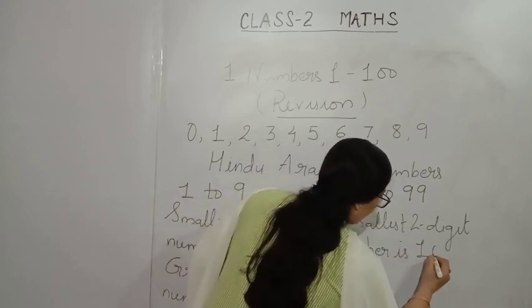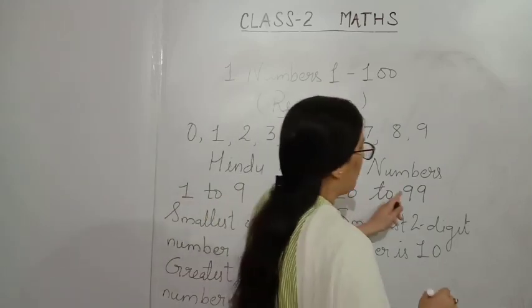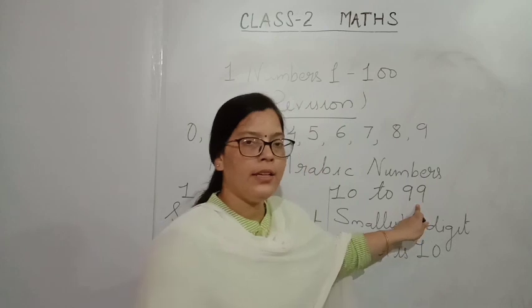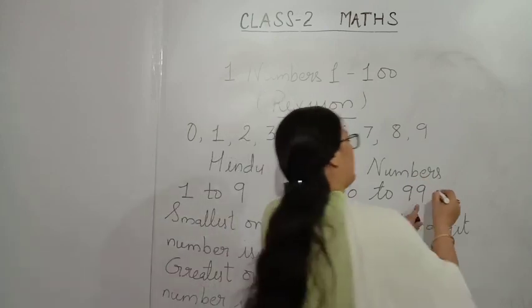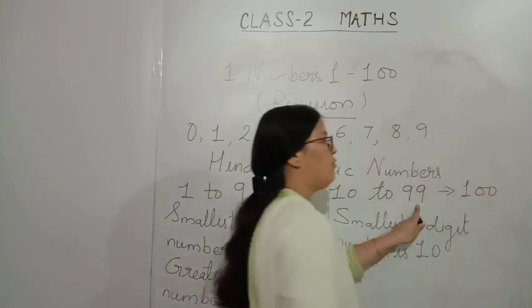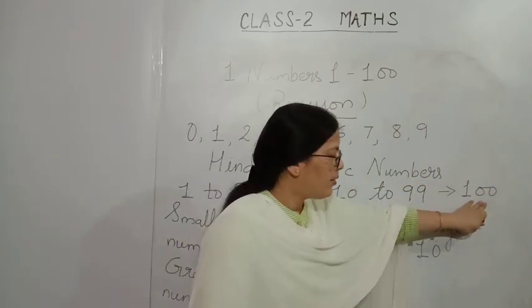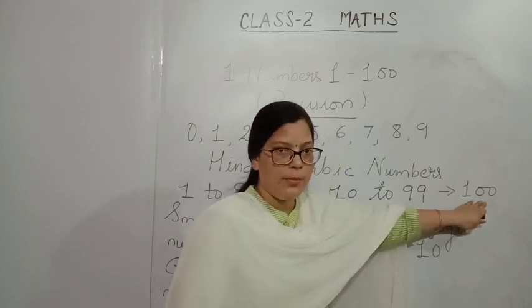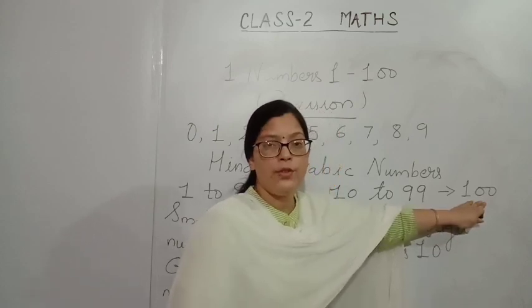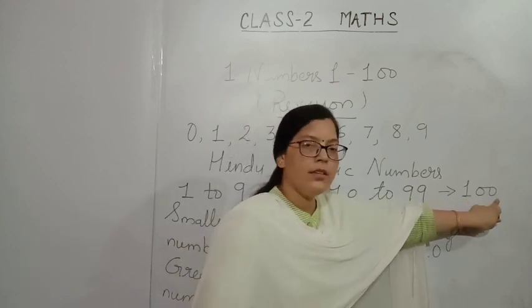Okay. Now, what comes after 99? You all know it is 100. And 100 is a 3-digit number. Why? Because here we are using 3 digits. What are they? 1, 0 and 0.